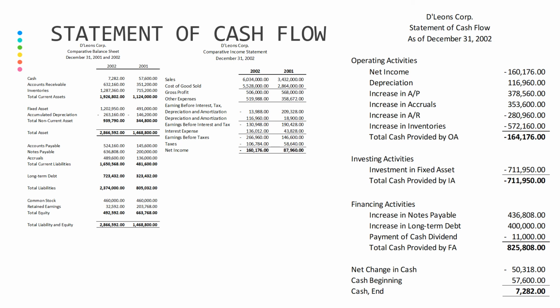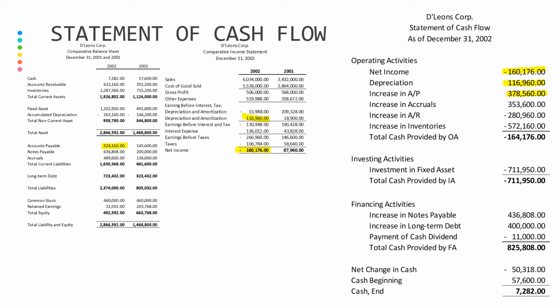For operating activities, we have the net income of negative 160,176, and the depreciation of 116,960. Increase in accounts payable: 524,160 minus 145,600, so that is 378,560.